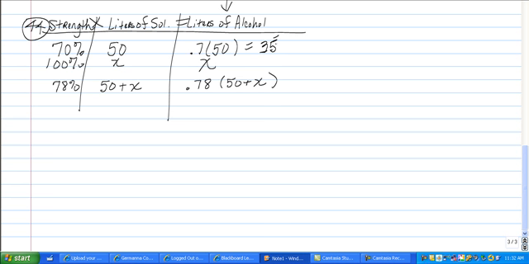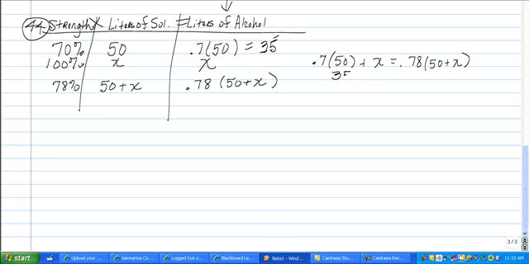What we note is that the alcohol in the original solution plus the pure alcohol, which is all alcohol, should equal the amount of alcohol in the final solution. So we have 0.7 times 50 plus x equals 0.78 times (50 + x).